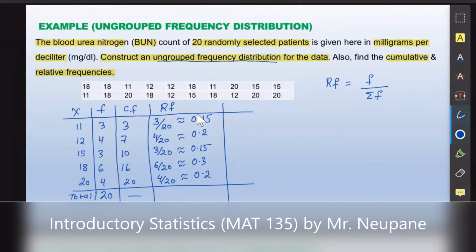Yes. Okay, what is your question? Relative frequency, either more than 1 or less than 1. What does that mean? If you get relative frequency, when you add all these values, and you get a value more than 1, what is the meaning of that?